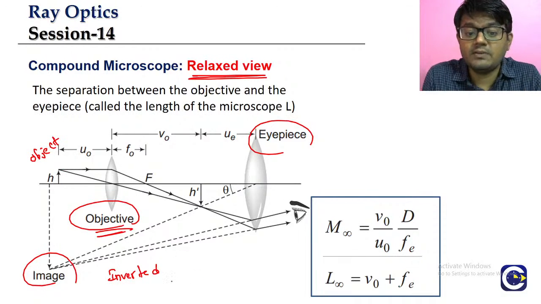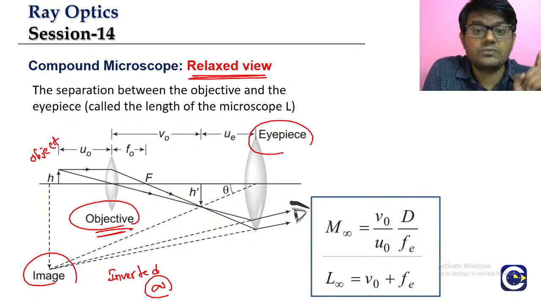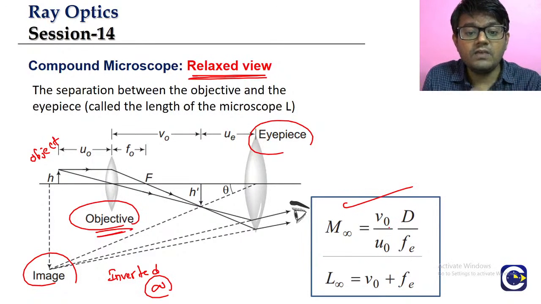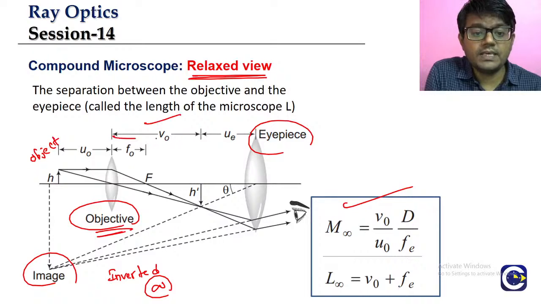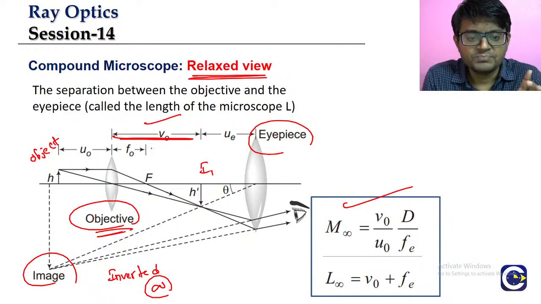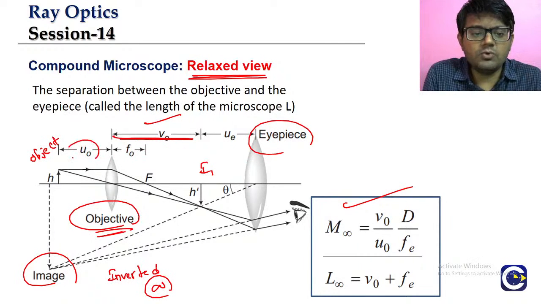The final image can be formed at infinity, that is the relaxed view. In this case, the magnification is VO by UO into D by FE. VO is the distance from the objective to the first image formed. The first image acts as the object for the eyepiece. UO is the distance of the object from the objective.